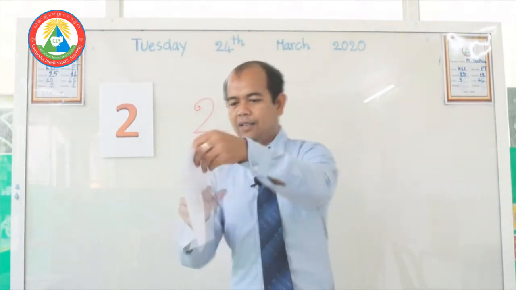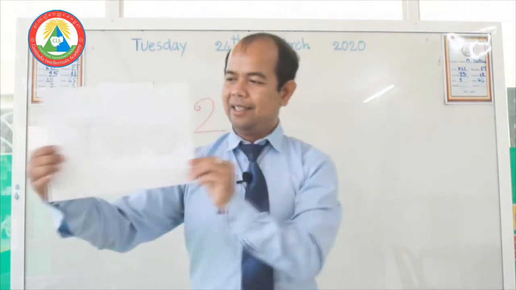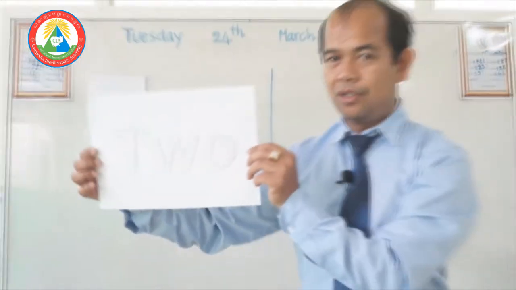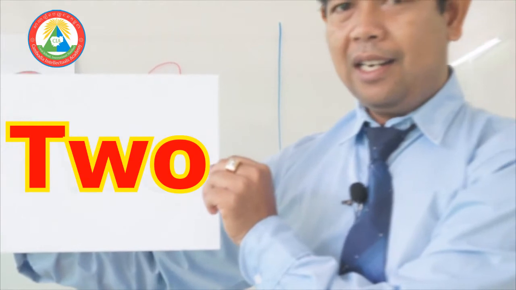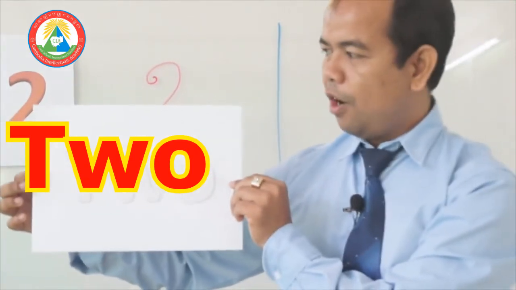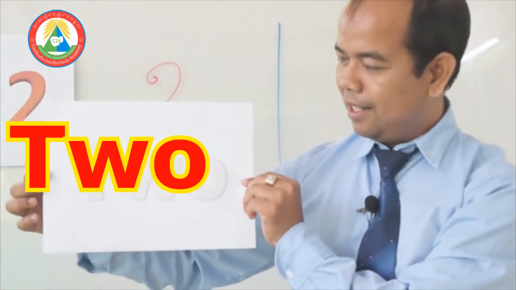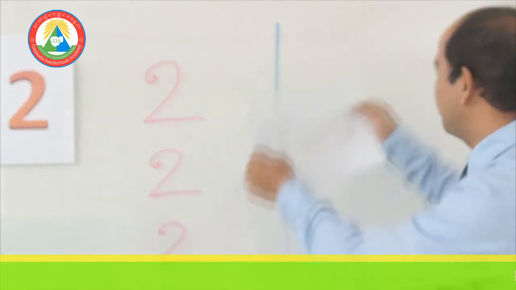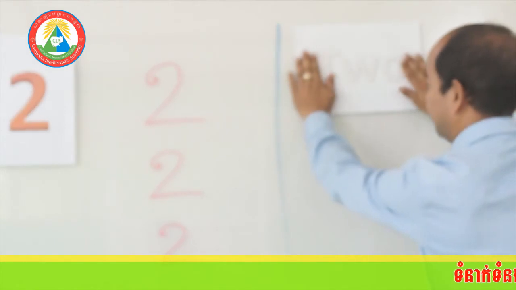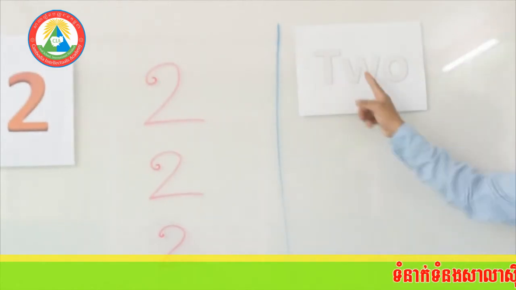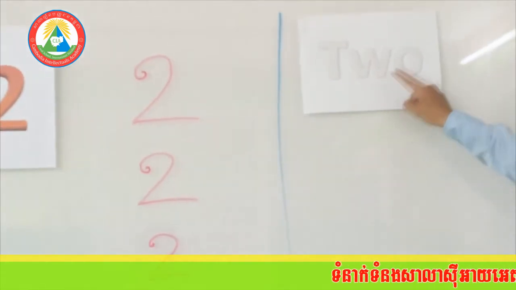Then, everyone, can you see? Do you see the word on the paper clearly? So now I stick it on the board. It's number 2 in word when we write.